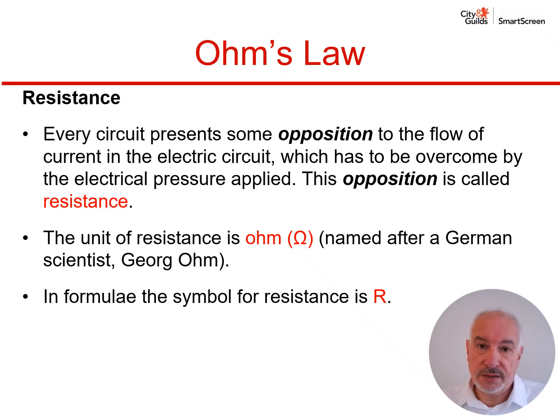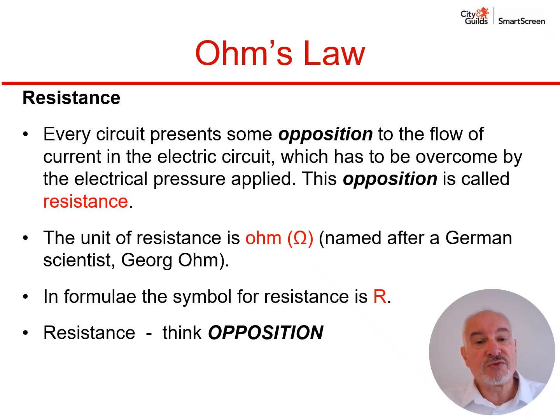Now in a formula, the resistance symbol is R. So we don't write ohm in the formula, we write the capital R to represent resistance. In terms of what resistance is doing, the best alternative word is opposition. It's opposing the flow of current. It's resisting the flow of current.